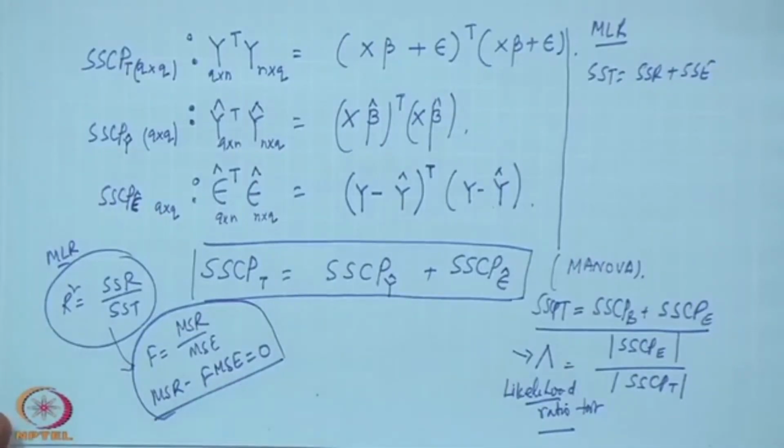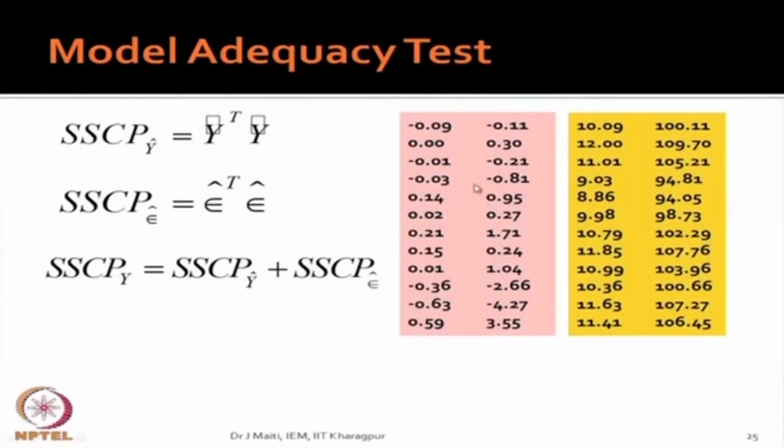Okay. So, in this context, let me show you this slide. In this slide you see for Y1, that is profit, this is for sales, these are residuals. How many y variables? 2 y variables. So, what will be the q cross q? 2 cross 2.